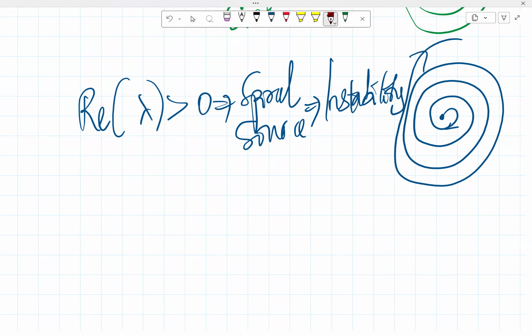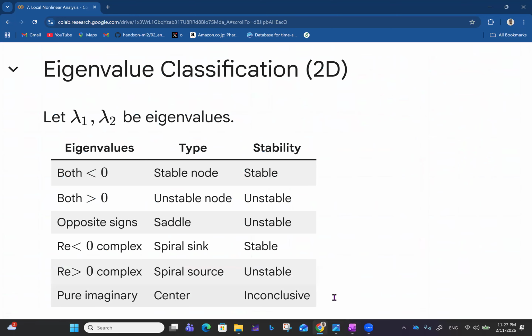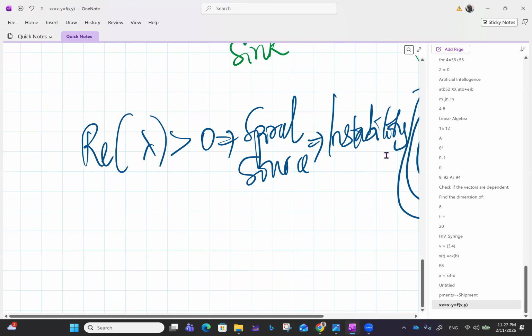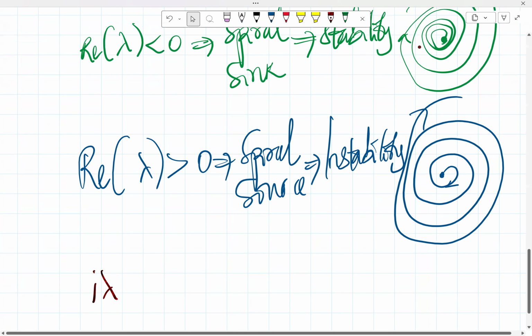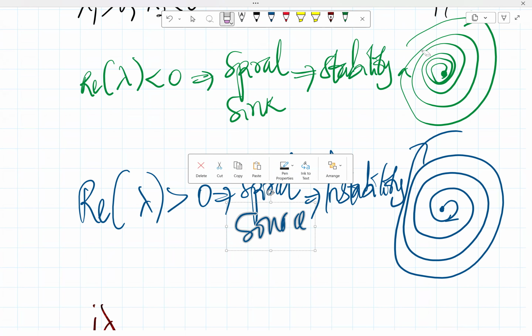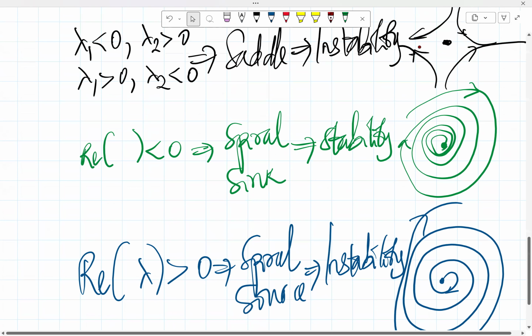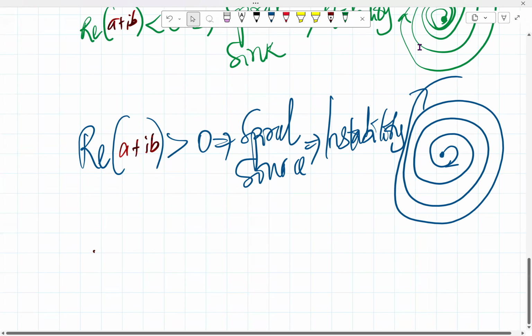So here now, how do we do that? You don't have any real part, pure imaginary, right? So you just have i lambda like that, only that. Maybe another way to do this is if you can express it as a plus ib, where this a is zero, then the eigenvalue is just ib.